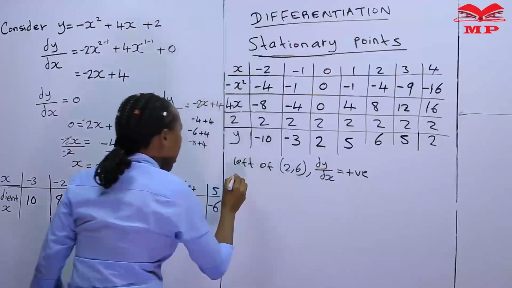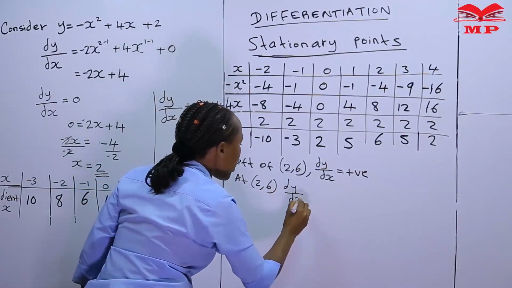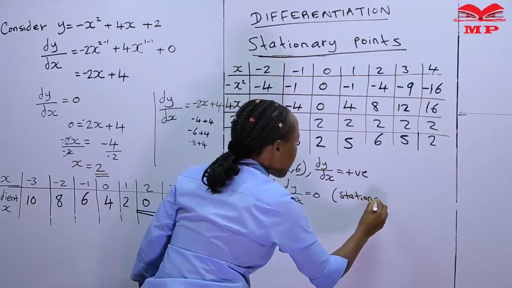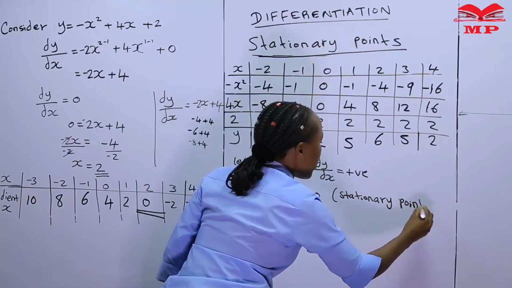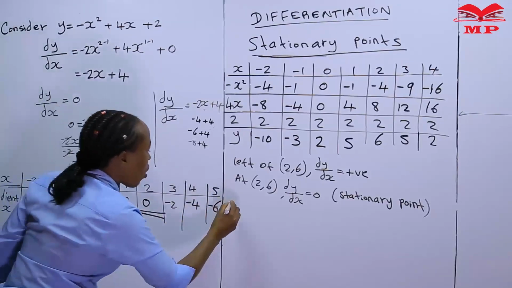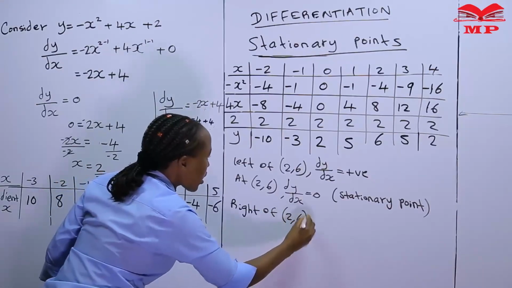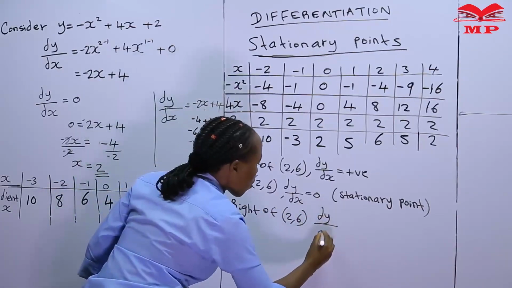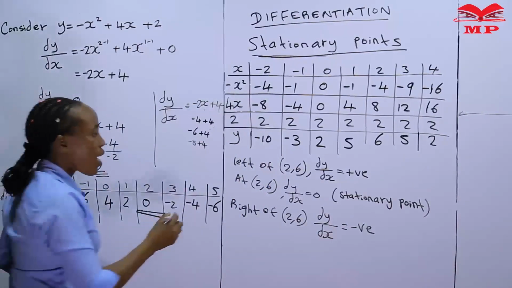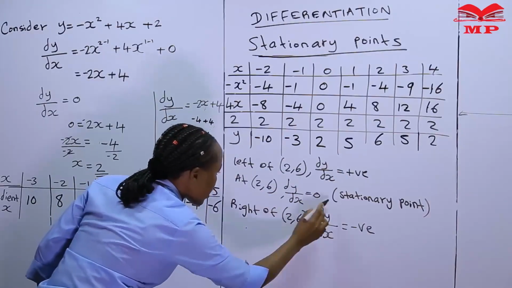Then at the point (2, 6), dy/dx is equal to 0, which is our stationary point. And finally, on the right side of this point, dy/dx is negative. We have positive on this side, then stationary, and negative.